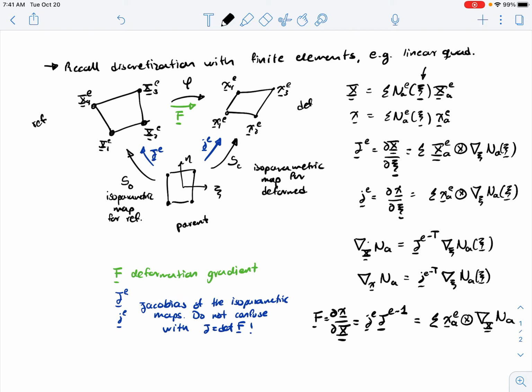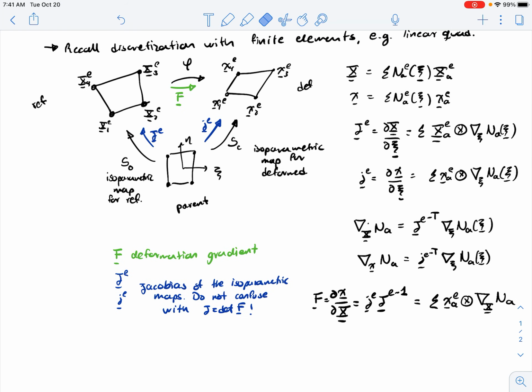It connects the parent domain coordinates xi to either the reference or deformed coordinates, capital X or lowercase x. Now, in addition to having the isoparametric map, we have the Jacobians. And here, because we are thinking about two isoparametric maps, we have two Jacobians.